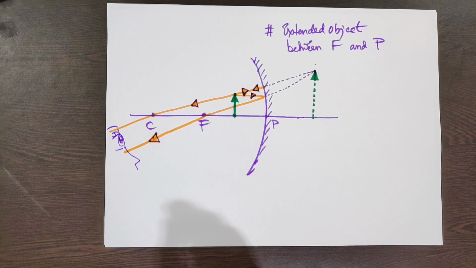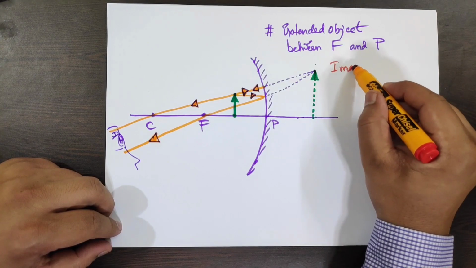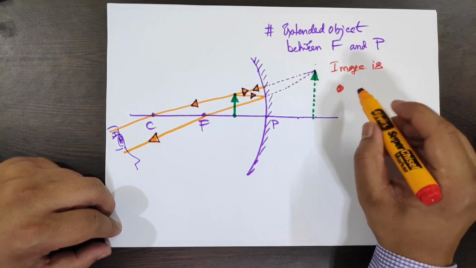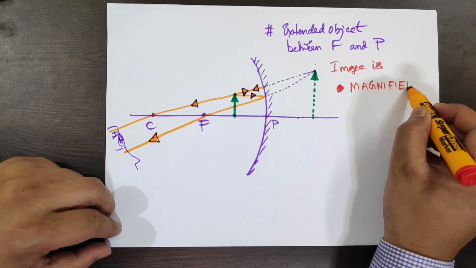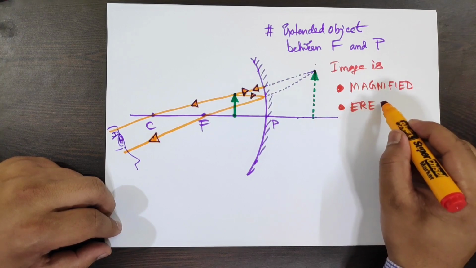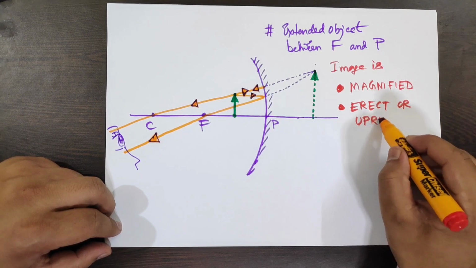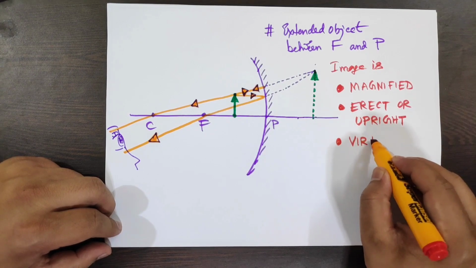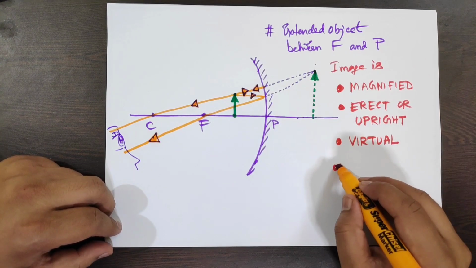About the characteristics of the image, we can write: the image is, first, magnified, then erect or upright, then virtual, and it is on the other side.